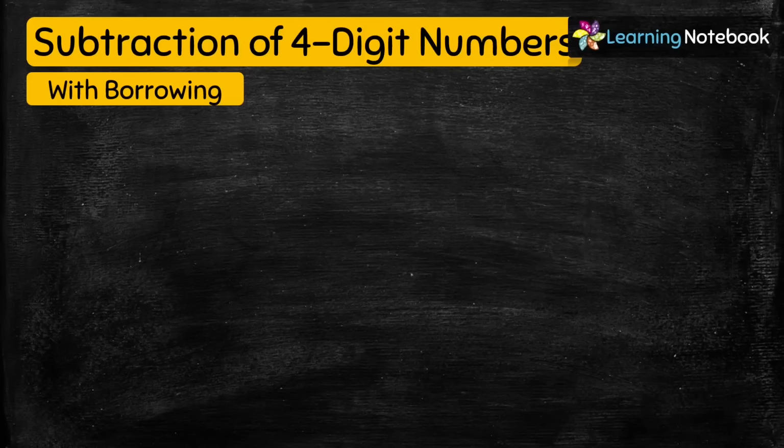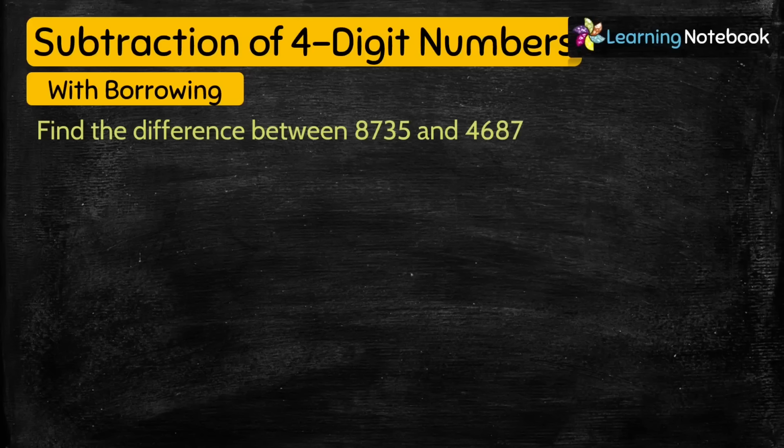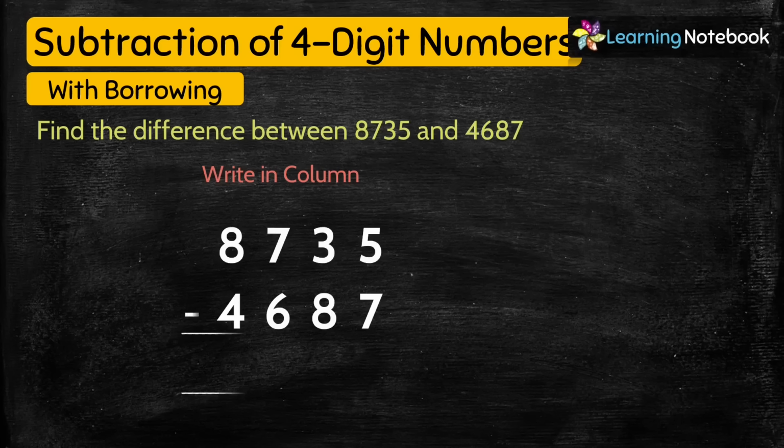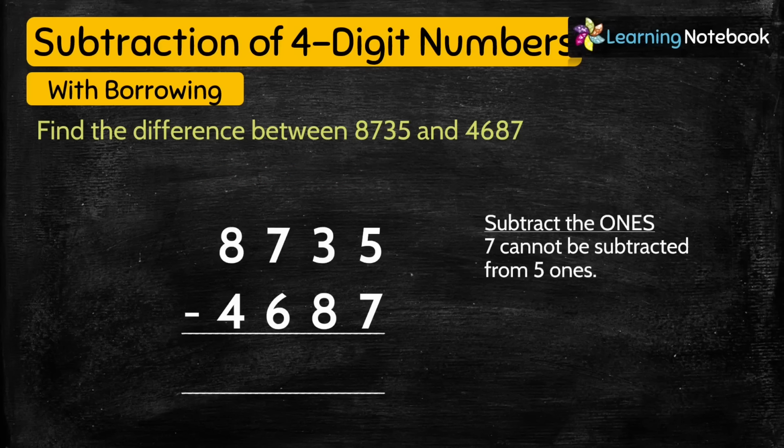Now let's do a question with borrowing. Find the difference between 8735 and 4687. So let's write these numbers in column and we will start subtracting them from ones place.